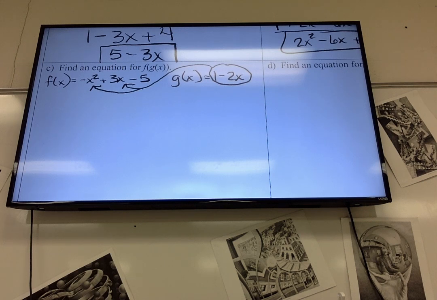Okay, 1 minus 2x squared. You're going to have 1 minus 2x times 1 minus 2x. You got to FOIL it. Yep. You're close.